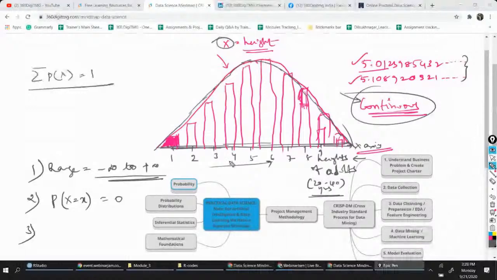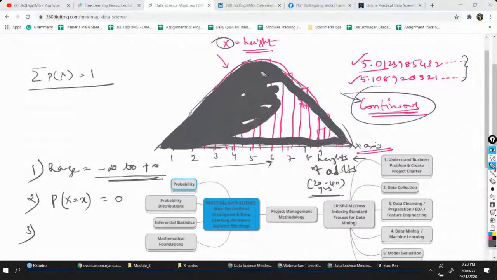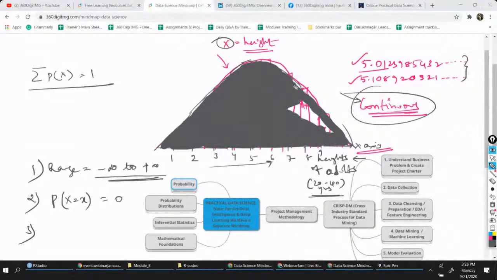If I try and apply this logic here, then that's nothing but this shaded portion. This is the shaded portion that I get, right? Probability of each individual value is 0, but if you look into the sum of all the probabilities, then it is 1. So sum means what? You're basically doing what here? You're taking infinite lines like this.